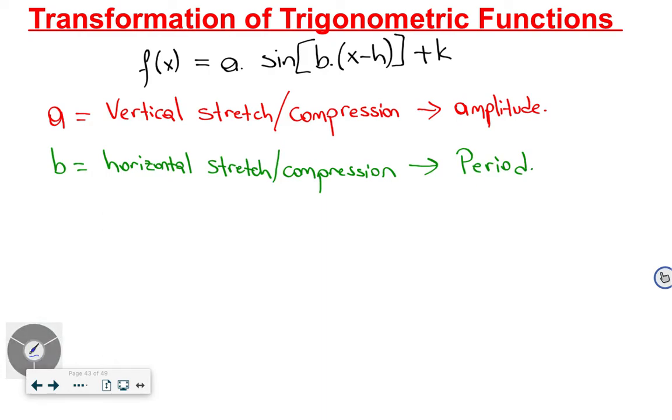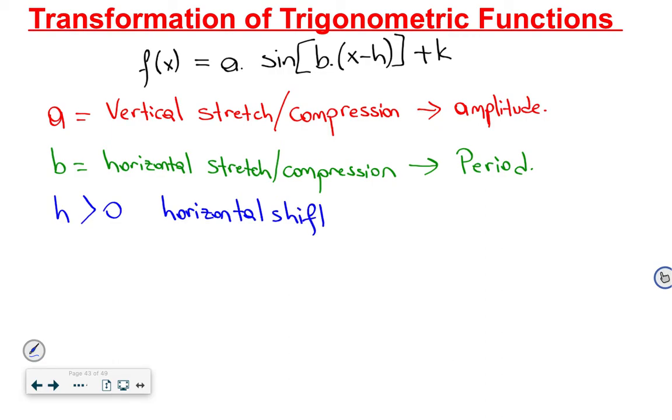What does h stand for? If h is greater than 0, then this is going to become a horizontal shift to the left. Be careful, ladies and gentlemen, this is tricky.